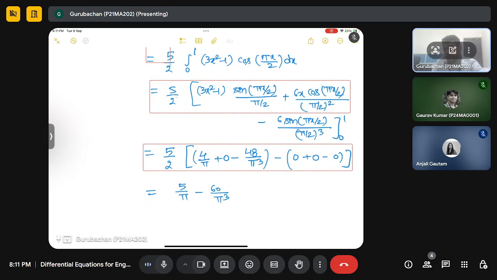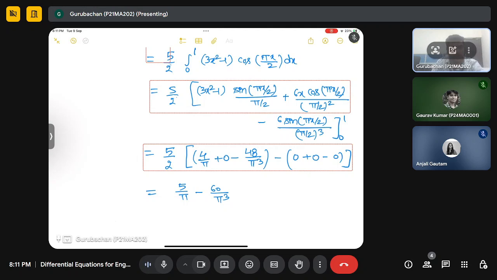When you substitute 1, you will get 2 times sine pi by 2 divided by pi by 2, that is 4 by pi. And next is 0, since cos pi by 2 is 0. And next, this will be pi by 2 cube, that is 48 by pi cube.